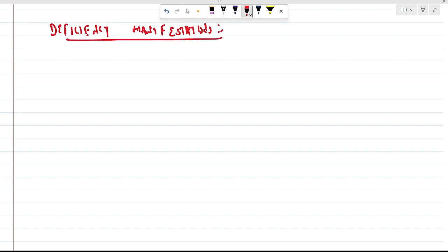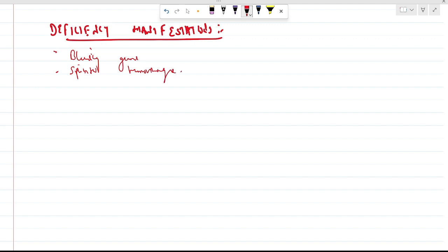Now we are going to discuss some important deficiency manifestations. Okay, first one we're going to see is bleeding gums. Next we have splinter hemorrhage.